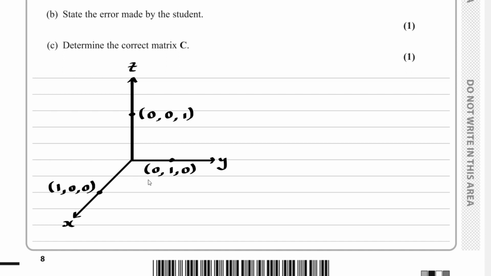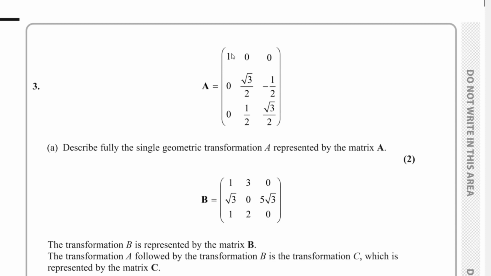Using the right-hand rule, we have an XYZ coordinate grid with the points 1 0 0, 0 1 0 and 0 0 1 plotted. Now, if we take a look at the matrix we are given, you will notice we have 1, 0, 0.